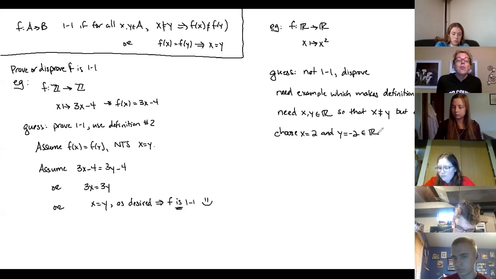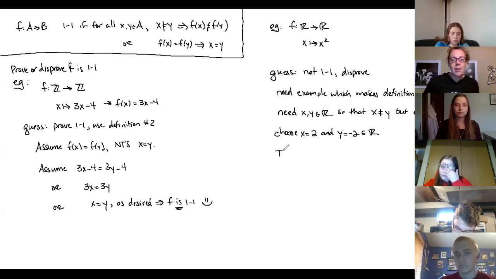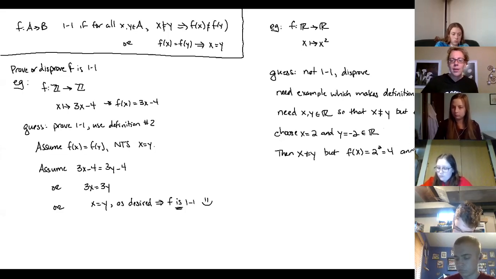That's fine. And remember, whenever we are doing a disproof, there are 2 steps. We have to find a counterexample. We did that. And then we have to show that our counterexample works. So that's the second one. Then x is not equal to y. That's obvious. 2 is not equal to -2. But f of x is 2 squared, which is 4.